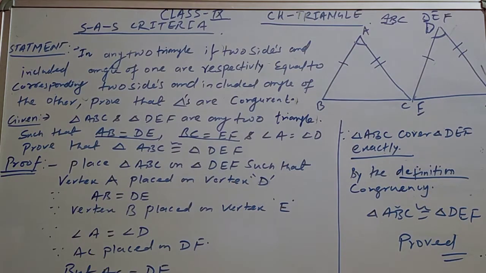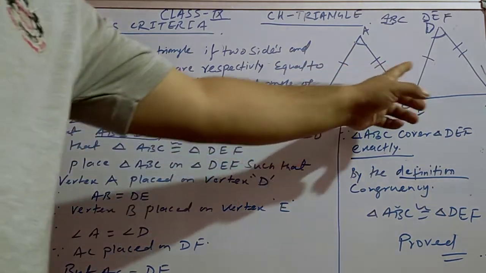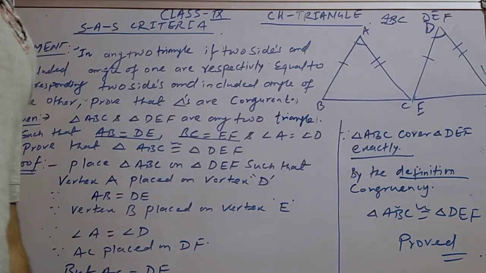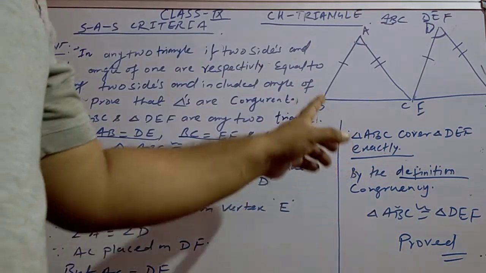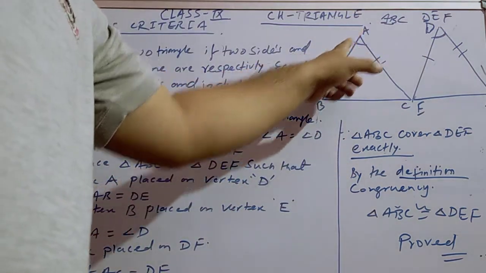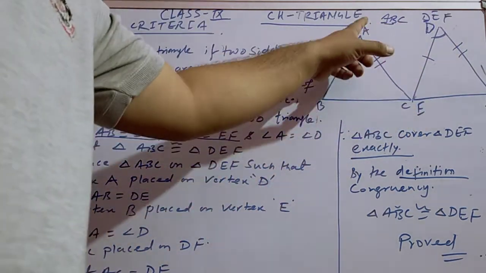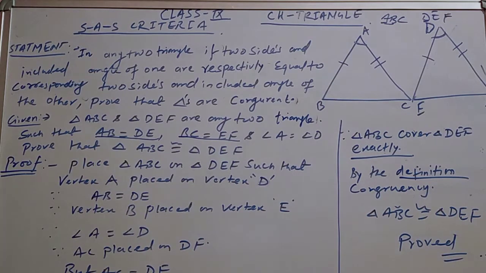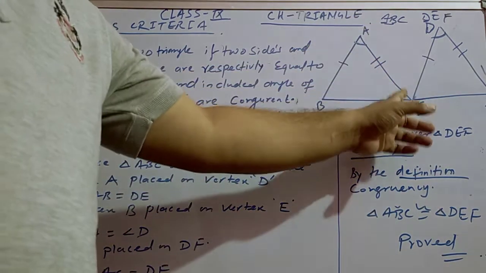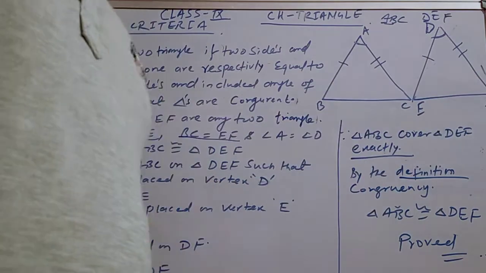Again I am repeating, place triangle ABC on triangle DEF such that vertex A is placed on vertex D. Since AB is equal to DE, therefore vertex B is placed on vertex E. Now again, here given that angle A is equal to angle D, now you can say that sir AC is placed on DF.